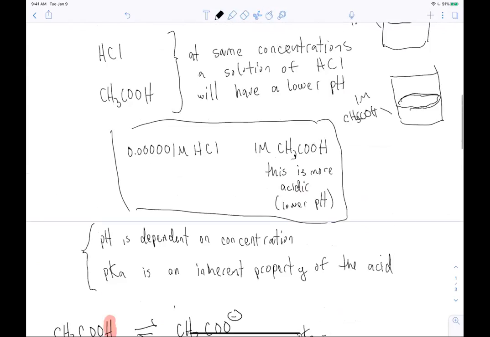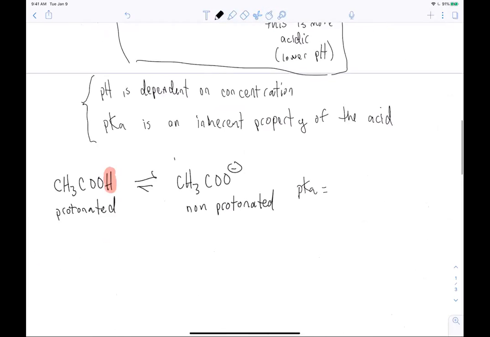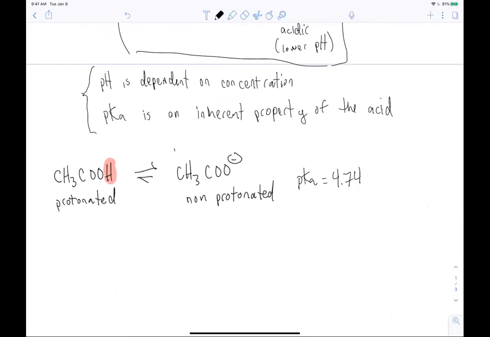So I can look at my pKa, which I calculated is 4.74. You can run through the calculations using Ka and all the stuff that we did, but a much easier way to figure it out is to look at the Henderson-Hasselbalch equation. If the pH is equal to the pKa, that means that HA is going to be exactly equal to A minus.